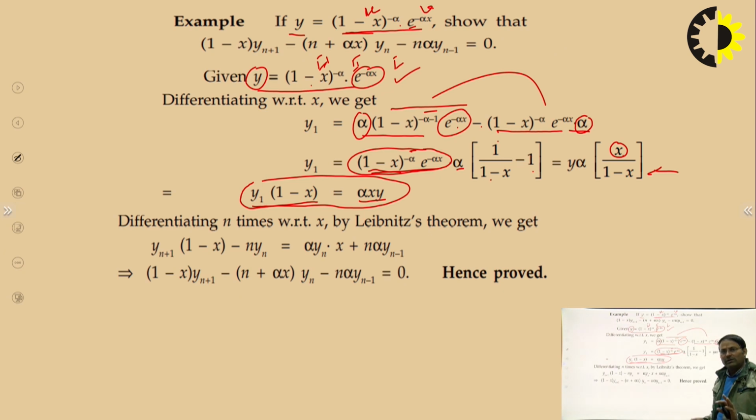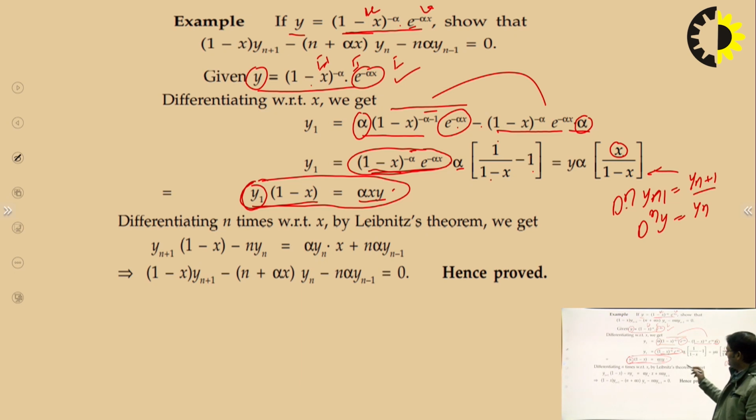Lastly, I'm going to tell you one more agenda which I have already informed you. See, this is y1, and here you have y only. If you open the Leibniz theorem n times on y1, it gives you yn+1. If you open up the n-time Leibniz on y, this term gives you yn.